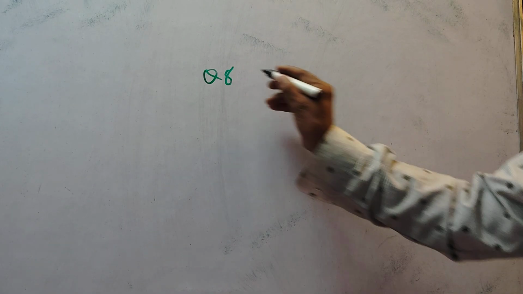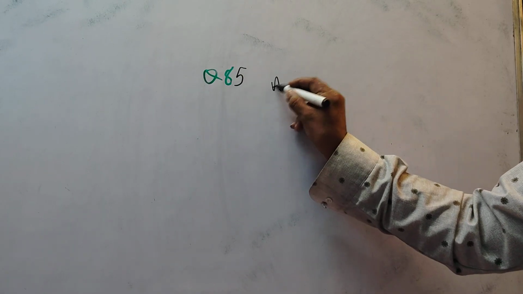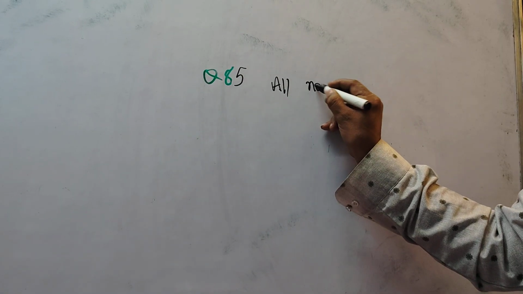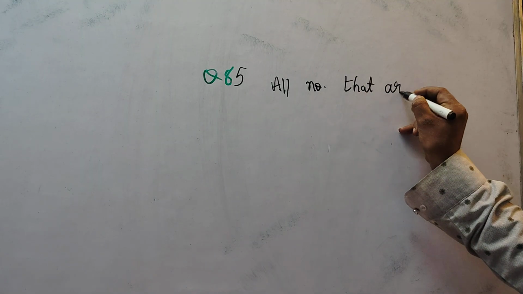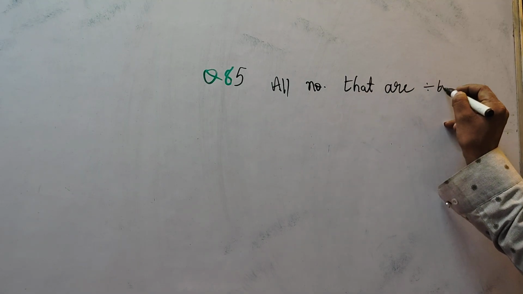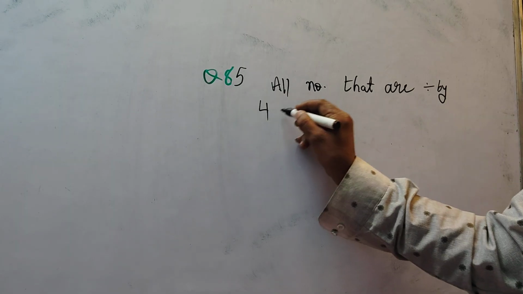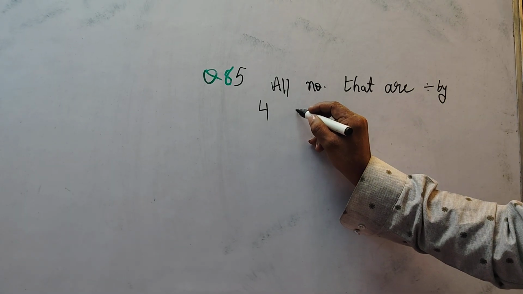And last, come to the 85th question. All the numbers that are divisible by 4 may not be divisible by 8.